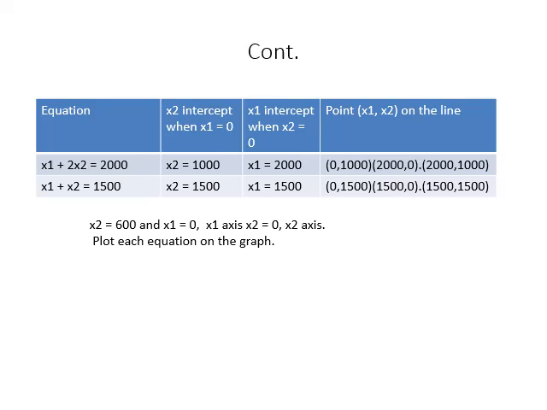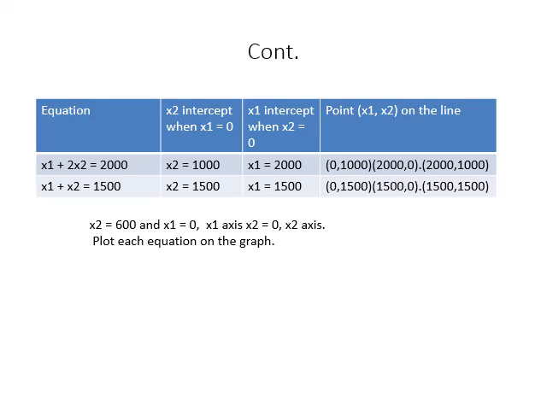Now we are going to plot these three equations on the graph. Let's see how we can do this. Firstly, x2 equals 600 when x1 equals 0. This is the last.